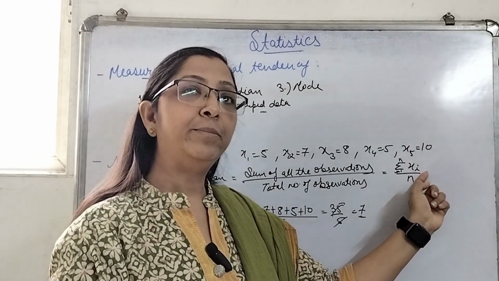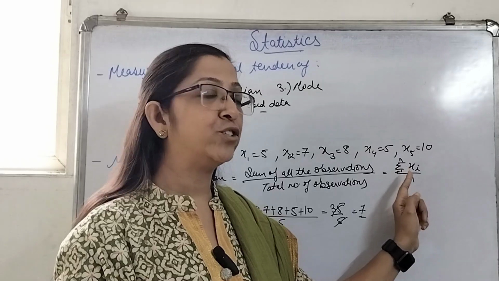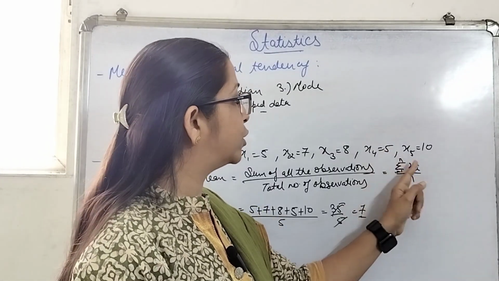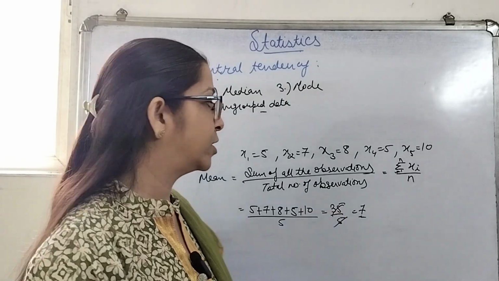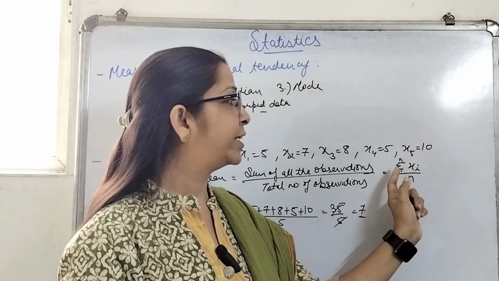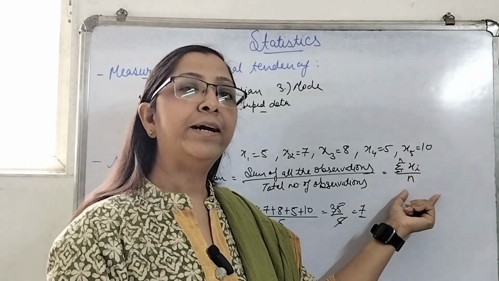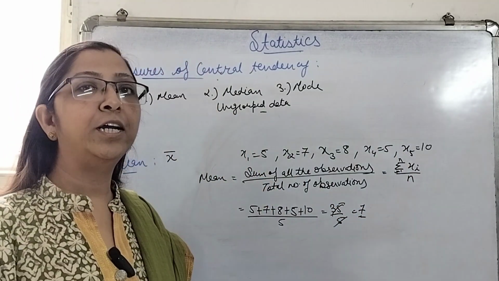When the value of i is 2, it will be x2, like this. This is the sign for sigma, that is summation, that means addition. So addition of all the xi's over n, n is your total number of observations. So the formula for finding mean is sigma of xi, where i varies from 1 to n, divided by n, that is your total number of observations. This is for your ungrouped data.